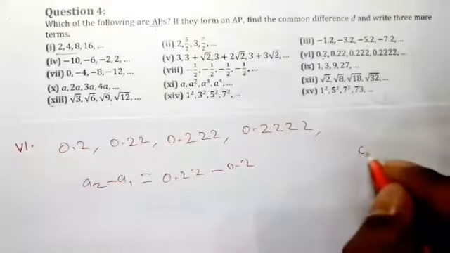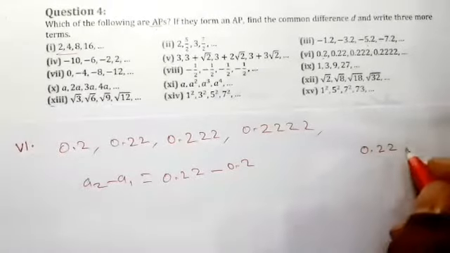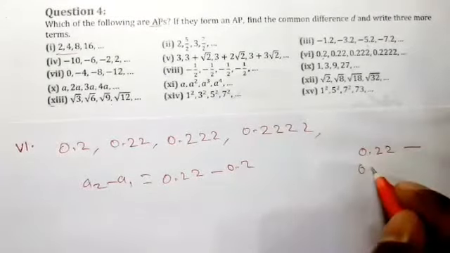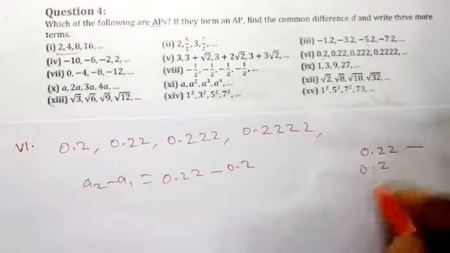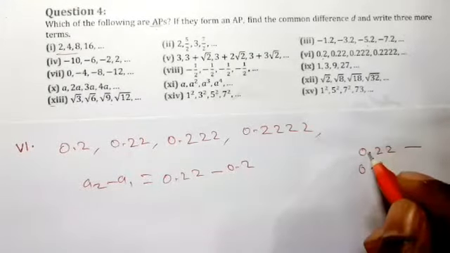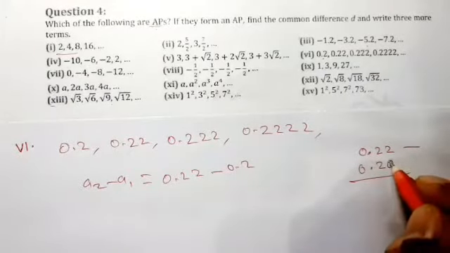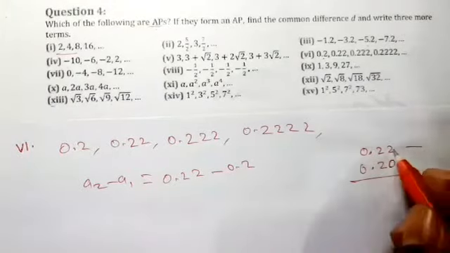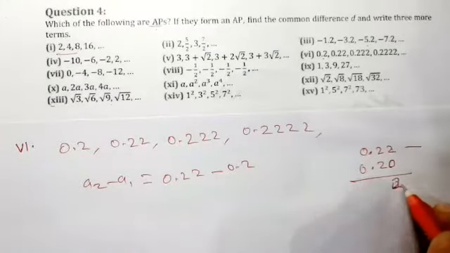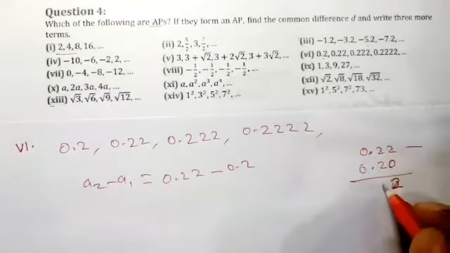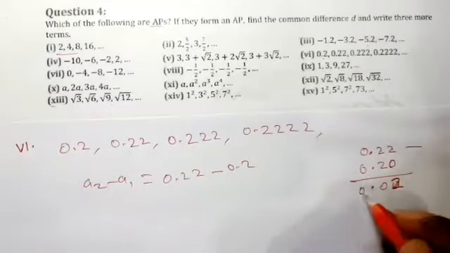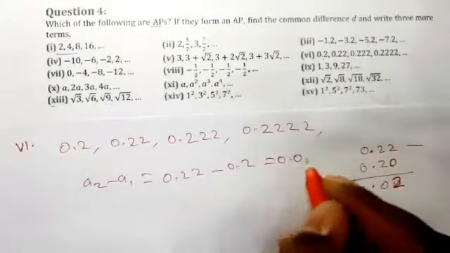When we subtract decimal numbers, we want to write very clearly. The decimal point should be in the right position. If there are no digits, we can give 0. 2 minus 0 is equal to 2, and 2 minus 2 is equal to 0. Decimal point, 0. So the answer is 0.02.